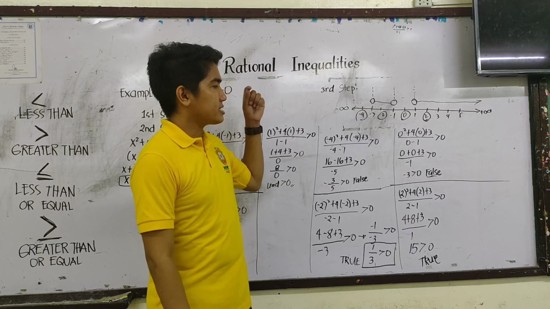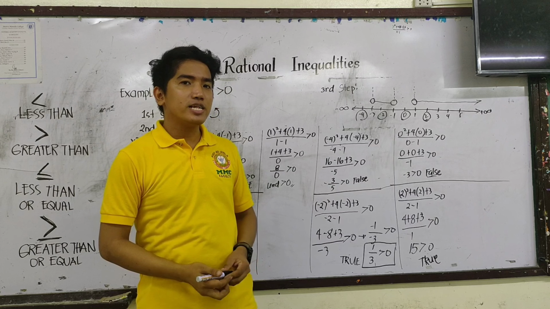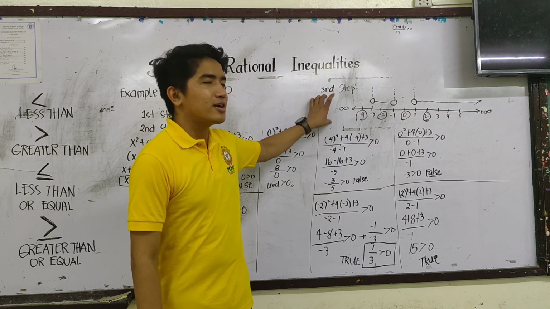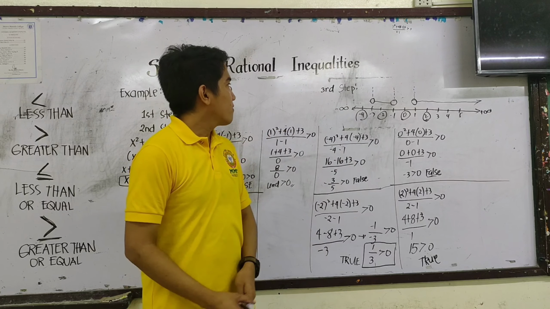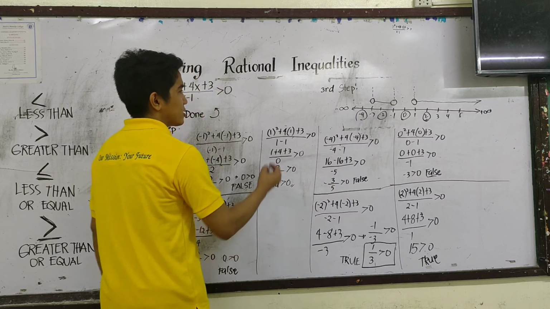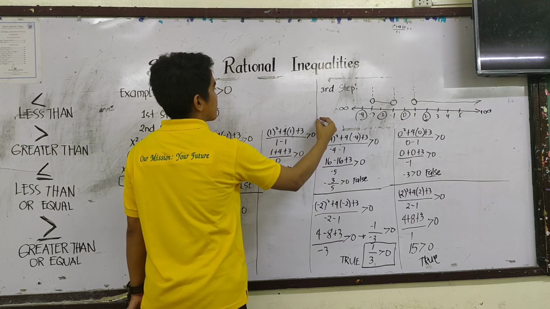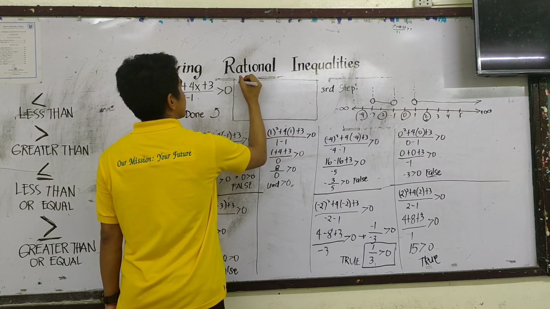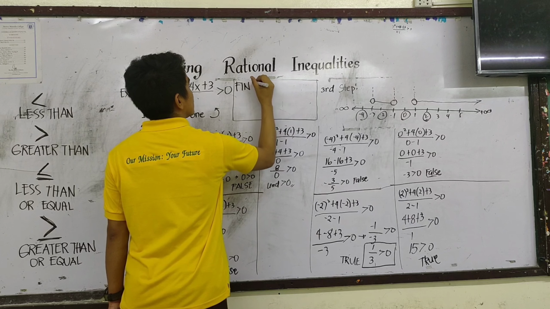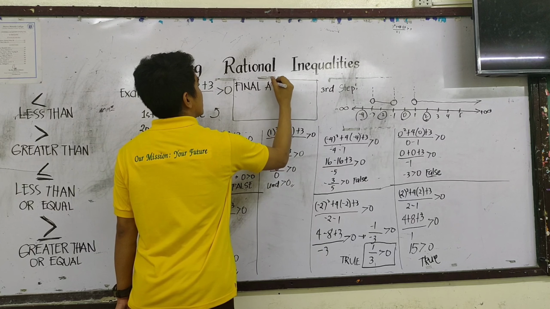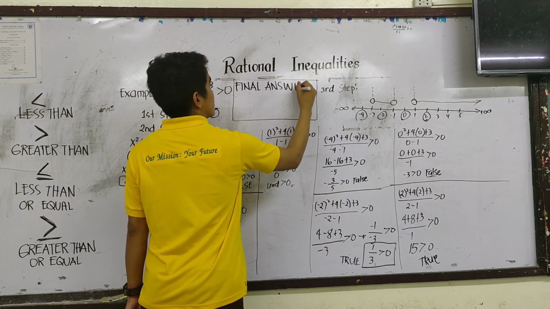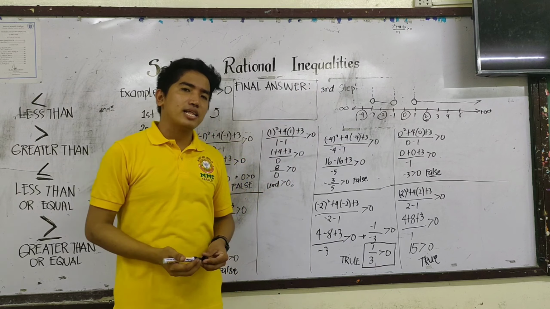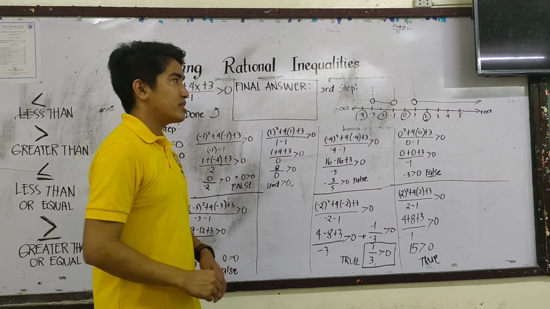Okay? So, next step. For our final step, kukunin natin yung final answer natin. Babasa tayo doon sa ating number line. So, for final answer, pagka inequalities, kailangan yung final answer natin is interval notation.